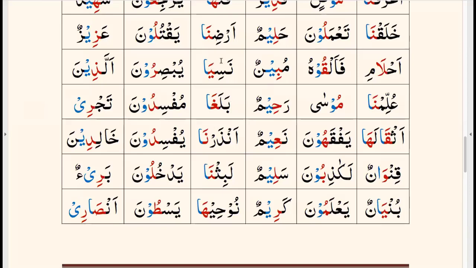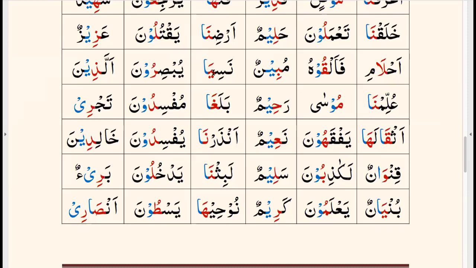Let's start with this word here. Can you read the Alif Madiyah? Okay, so here we have the Alif Madiyah. This is the blank Alif, and preceding it we have the Ya, which carries a fatha.